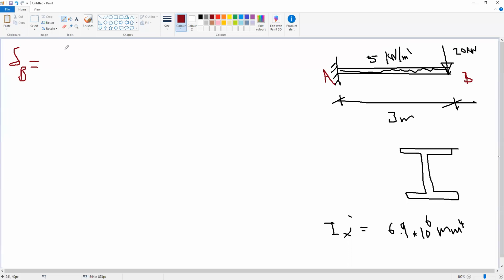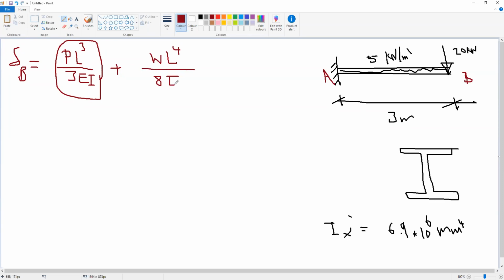For the concentrated load, we know that B L to the power 3 divided by 3 EI is the value of deflection for the concentrated load, plus for the uniform load, W L to the power 4 divided by 8 EI. This for concentrated load B, and this for uniform load W.